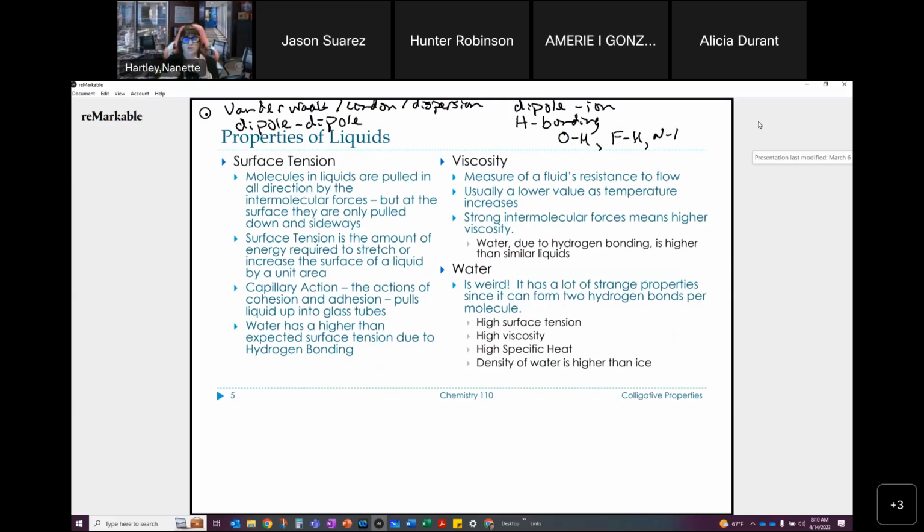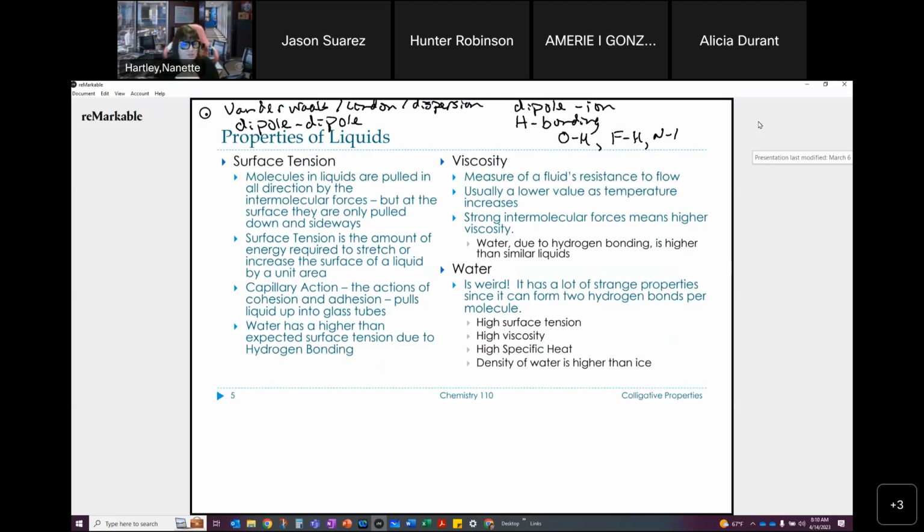Water especially can interact with those walls, and that interaction pulls it up. And that's why we end up with the meniscus looking the way that it does. The water goes up further along the walls than it does in the middle. That's the formation of the meniscus that we see. So that's because of the interaction at the walls.